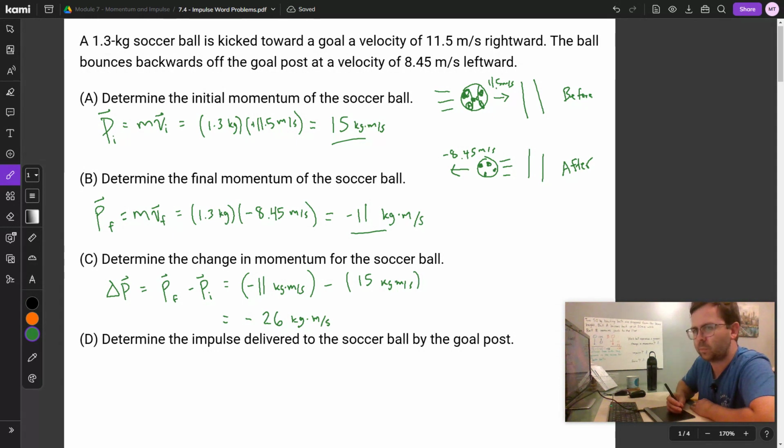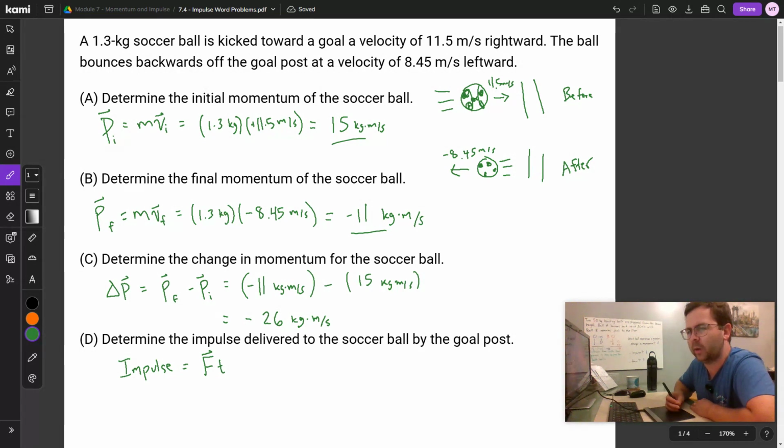Now, the last part of this question says, determine the impulse delivered to the soccer ball by the goalpost. Now, you may recall impulse is equal to force times time. However, we're not really given any information about force and time here.